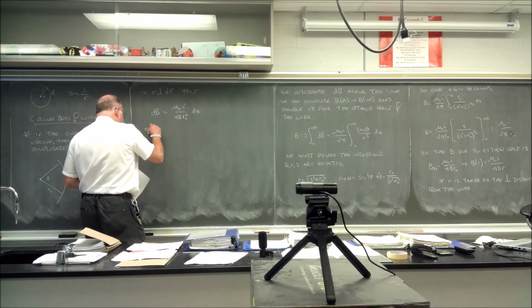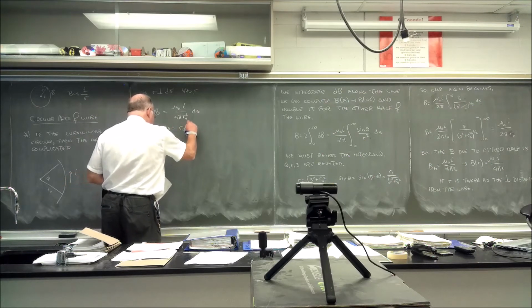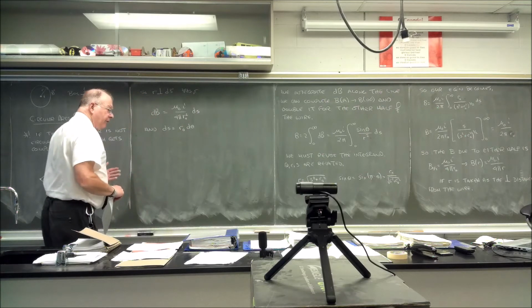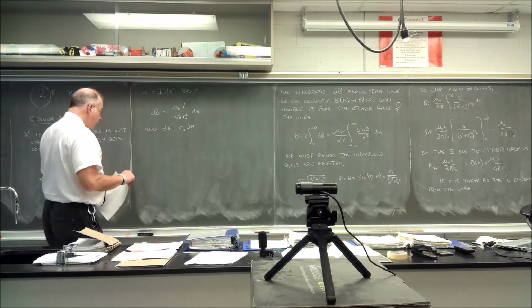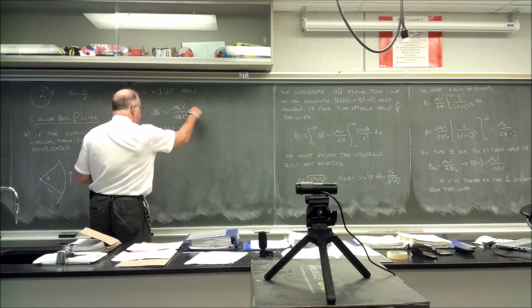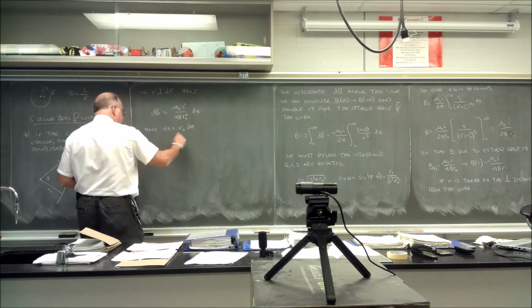And ds is equal to R naught d theta. Because it's not necessarily a unit circle, we have to scale it. So when we put this in for ds, we'll lose the square here.